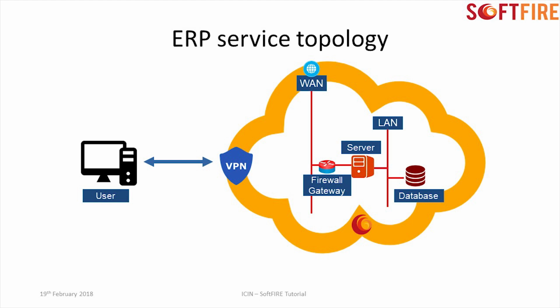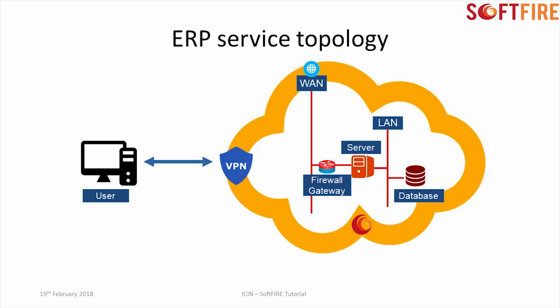In this topology we can see two networks: a wide area network with internet access that represents the DMZ of the company, and we can see the local network behind a firewall gateway, in which we can see the two main components connected.